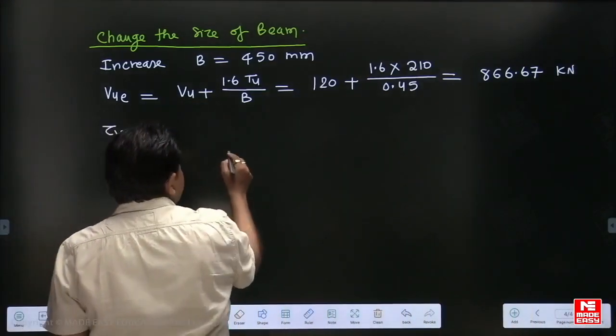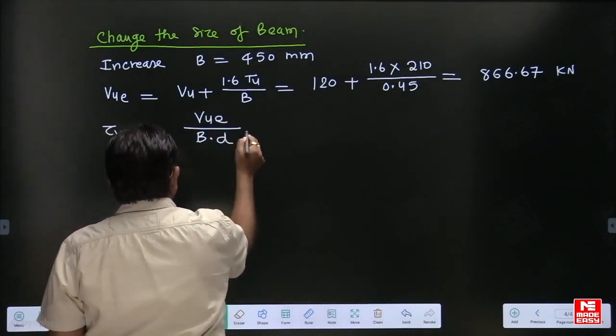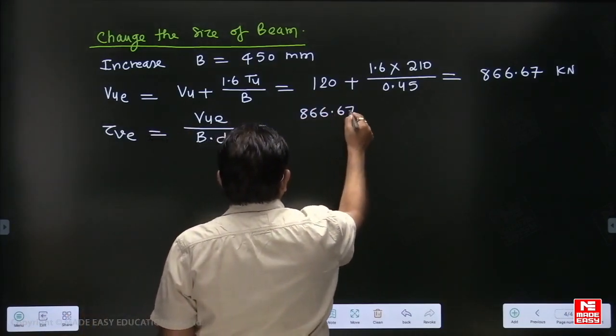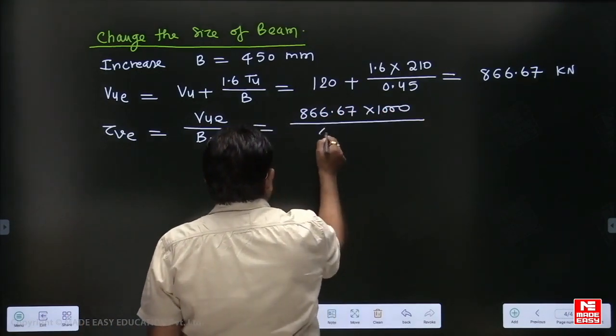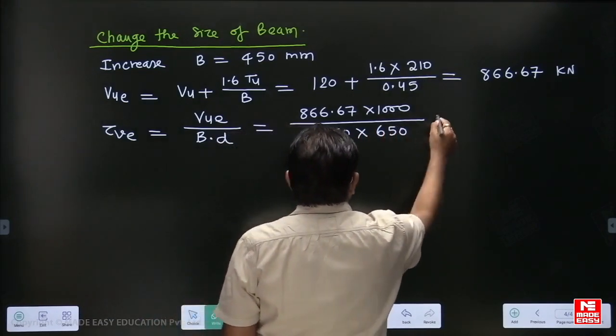So what will be tau v equivalent now? Tau v equivalent will be VU equivalent divided by B into D. Again we can check it. The value will become 866.67 into 1000 divided by size of beam now, 450 mm by 650 mm is the depth.